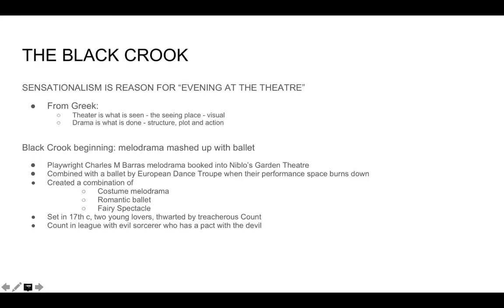Well, then simultaneously, we have a European dance troupe that they're going to be performing at the Academy, and their performance space burns down. So the manager gets an incredible idea to put this combination together. Creates a combination of a costume melodrama, a romantic ballet, and a fairy spectacle.